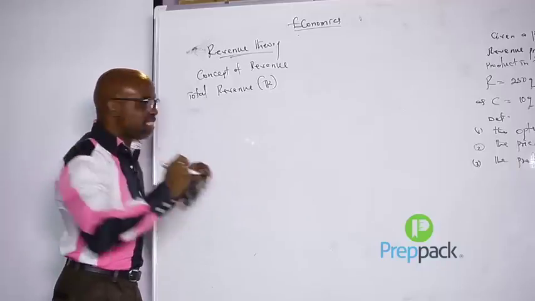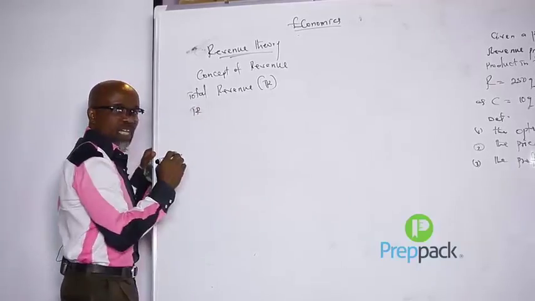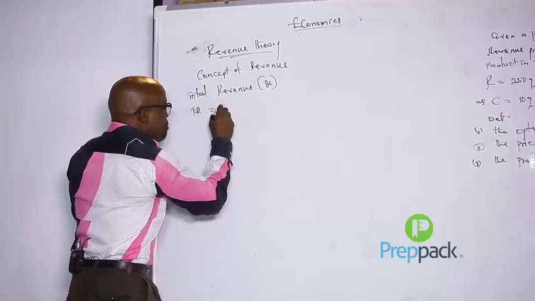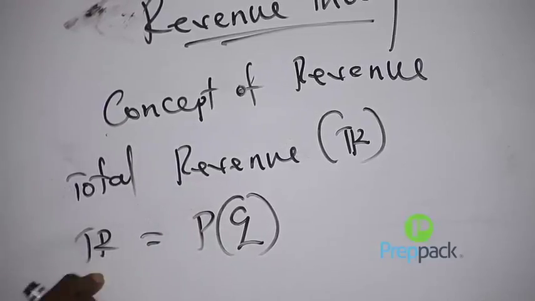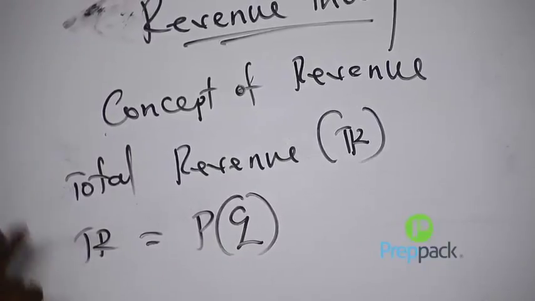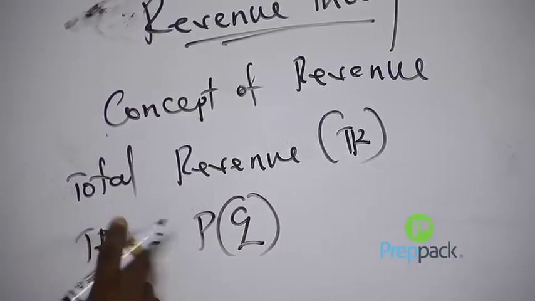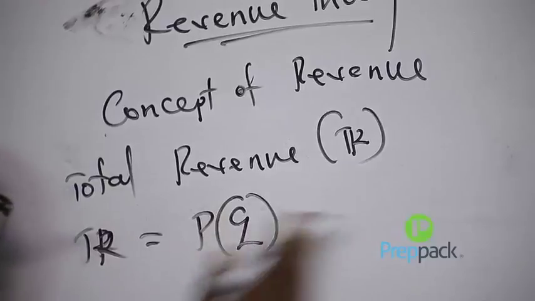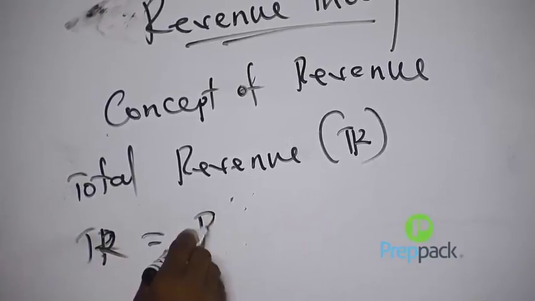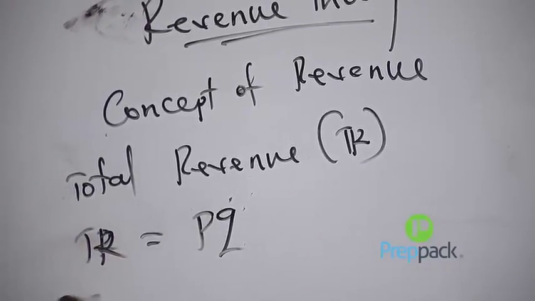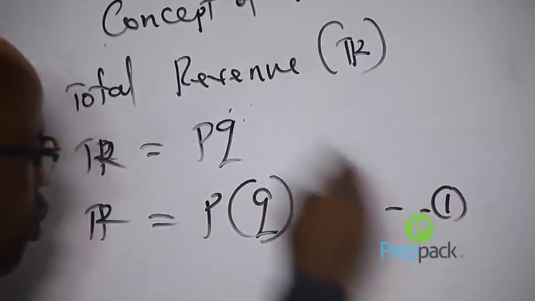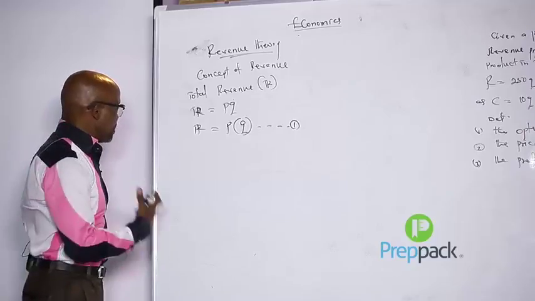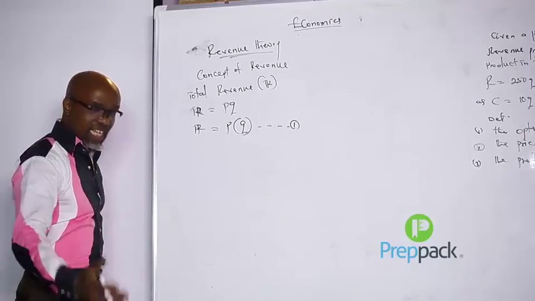In a simple analysis, the TR of a firm equals P times Q. The simple formula says total revenue TR equals P times Q. I call this equation 1. Which means your TR function is price times the quantity.